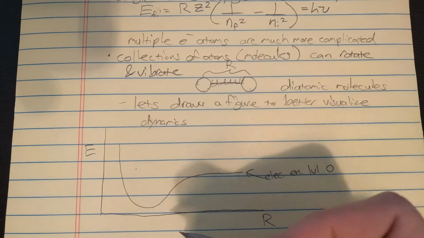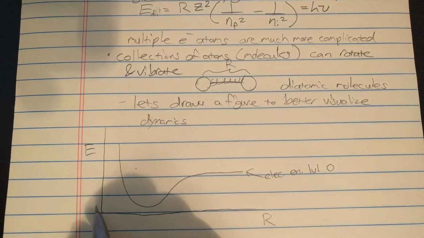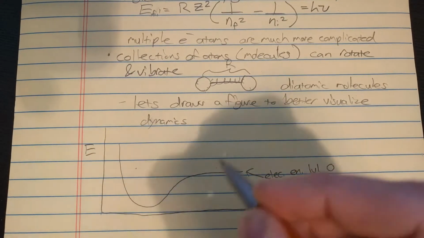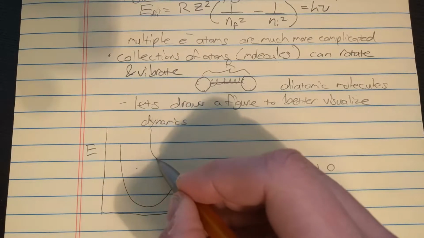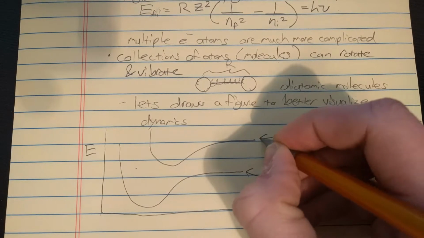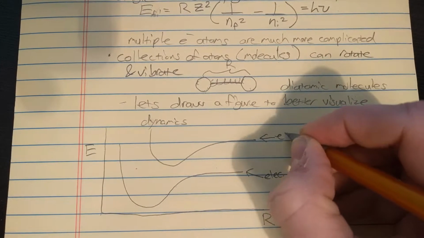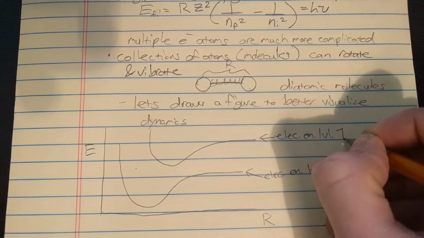This is the furthest one down, the one lowest in energy. It's arbitrary where we put it on this energy axis. Now we can have an excited electronic energy level, which would be this one here. So this is electronic energy level 1.